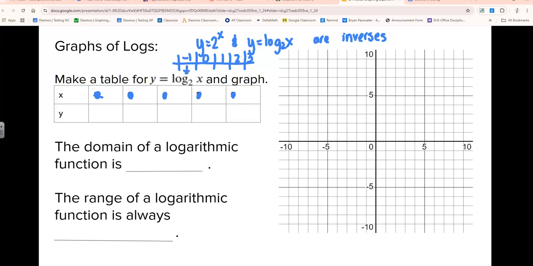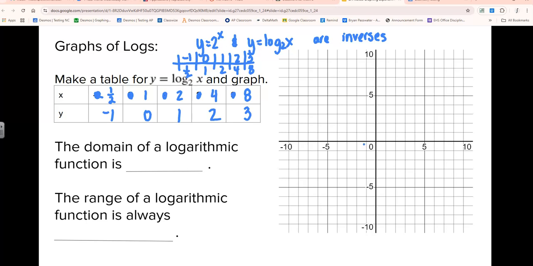But it was 1/2, 1, 2, 4, 8. So I could just switch my x and y's here. 1/2 is negative 1, 1 is 0, 2 is 1, 4 is 2, 8 is 3. That'll be easier than what I had there.